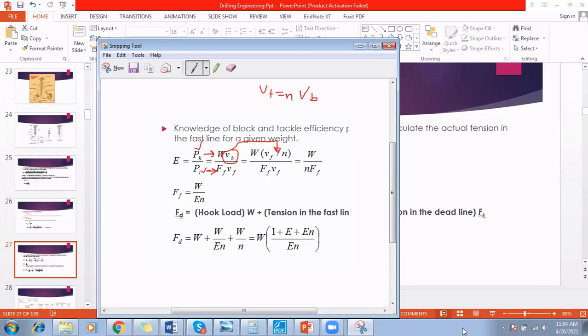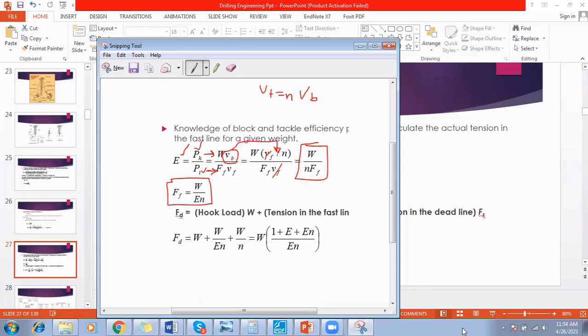Okay. So after this replacement, this Vf will be cancelled out, and at the end, this relation is actually the efficiency.